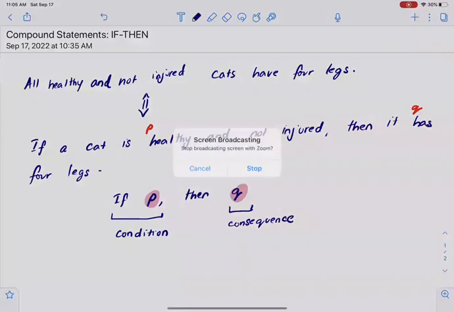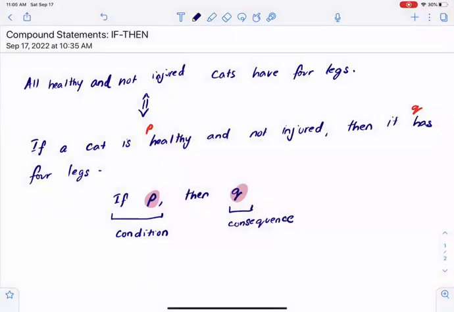If condition, then consequence. So because of that condition part, we refer to this compound statement as a conditional statement. If P, then Q.